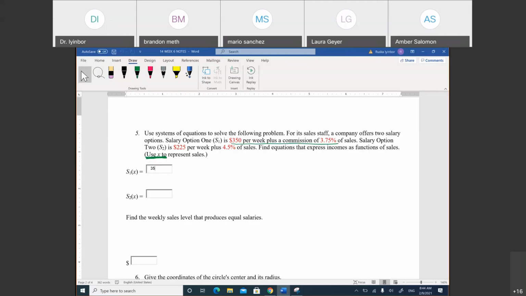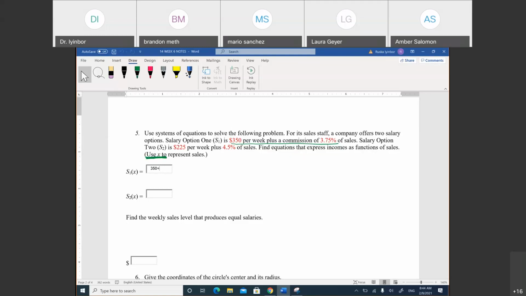So it's going to be 350. You're going to get 350 for sure. Plus, now think about how you're going to calculate the commission. 3.75 times X. Oh, I'm sorry, yes, that one. You're going to calculate the percent of the sales, yes.